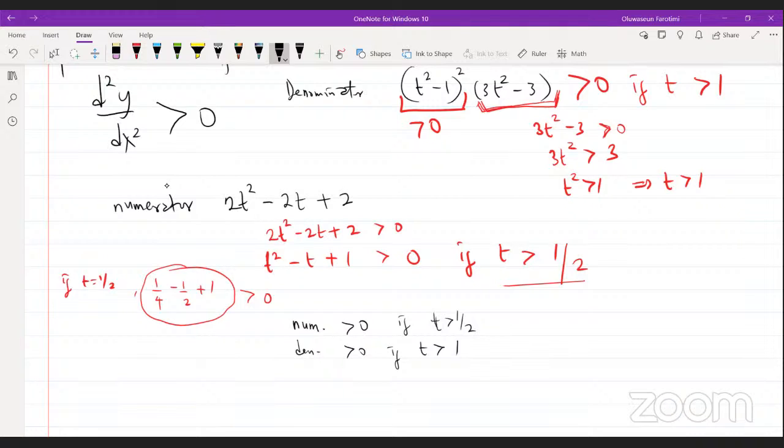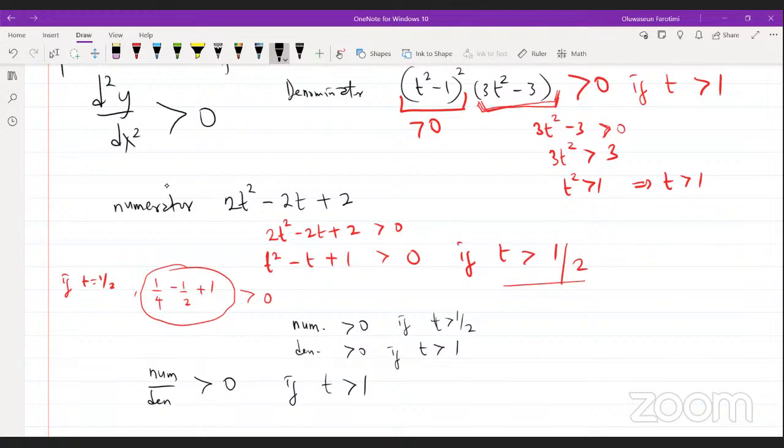How can I bring things together? To combine these two things and make sure that numerator divided by denominator stays positive, my t has to be larger than 1.